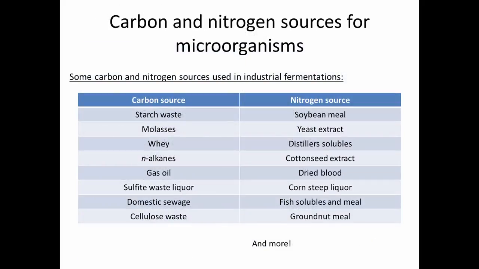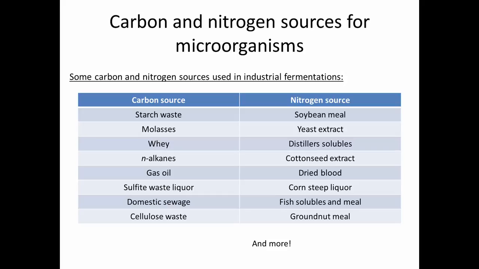Okay, here's a very abbreviated list, if you're growing organisms in biotechnology, of some carbon sources and nitrogen sources that are used in industrial fermentations. So things like starch, molasses, even alkanes for bacteria that can eat up oil, cellulose waste, so things that are left over from dead grasses and other plant matter. For nitrogen source, you can use things like soybean meal, which contains a lot of protein.